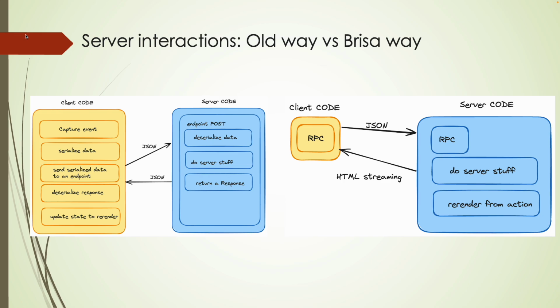With Brisa's approach, there are two big benefits. The first one is that the client code doesn't increase. So if we don't have a lot of server interactions, it will be a tiny application compared with the traditional way. And the second one is that it improves the user experience a lot because the users see the changes as soon as possible.